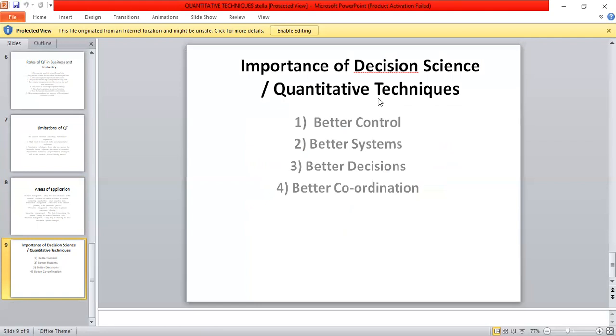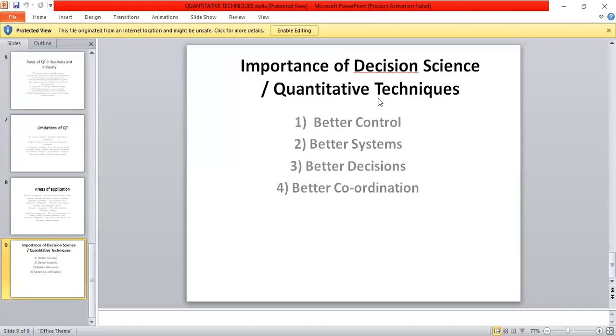We have the importance of decision making or quantitative techniques. The first one is for better control. The second one is better systems, better decisions, better coordinations. Daisy, are we together? Yes.